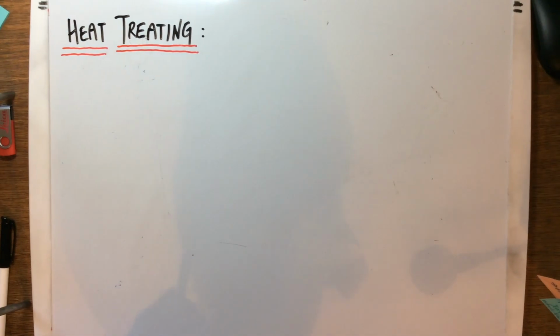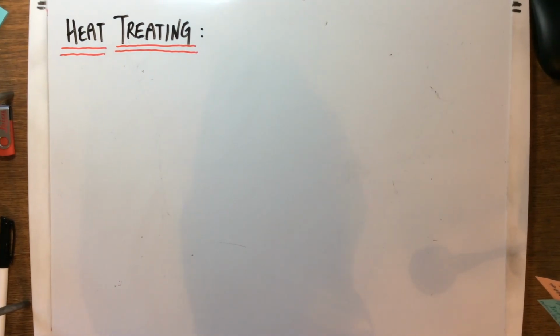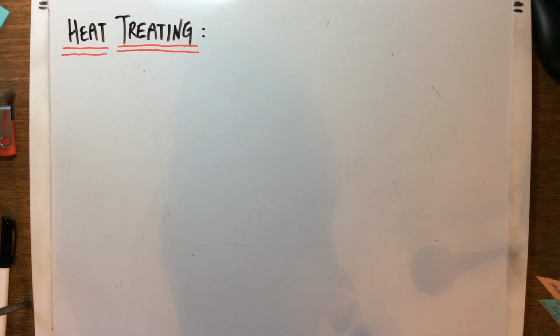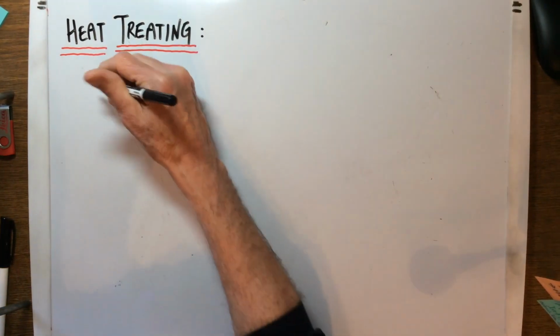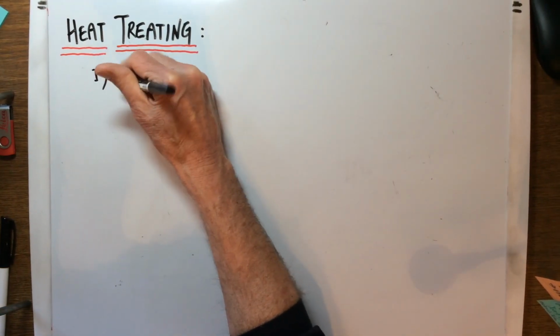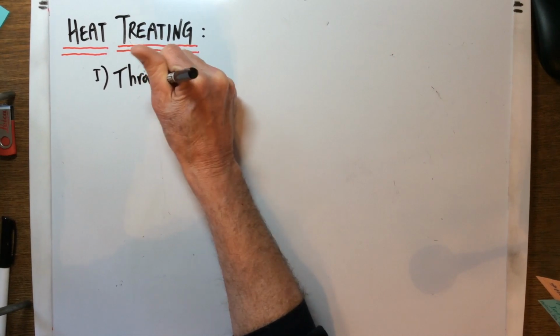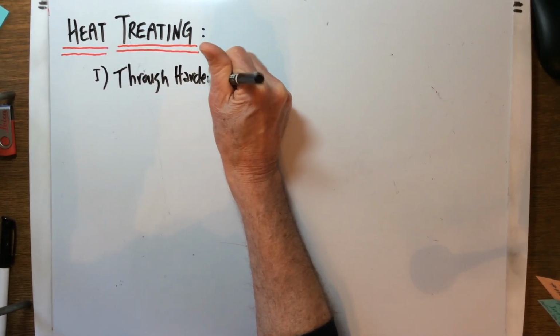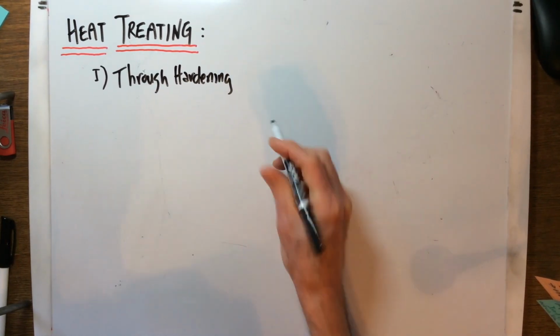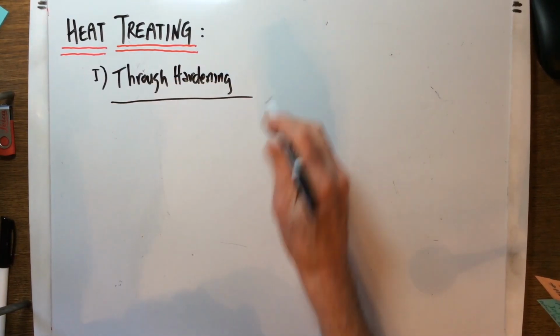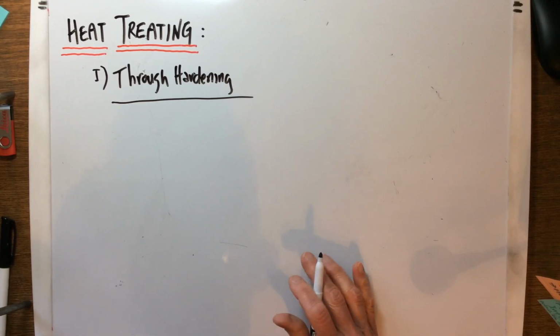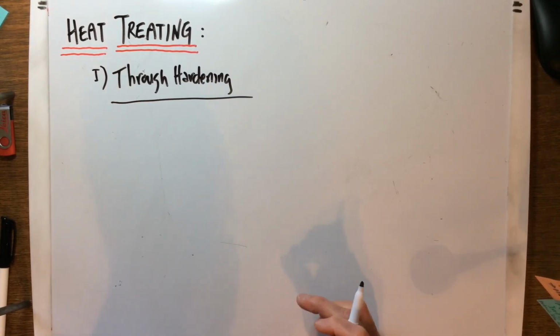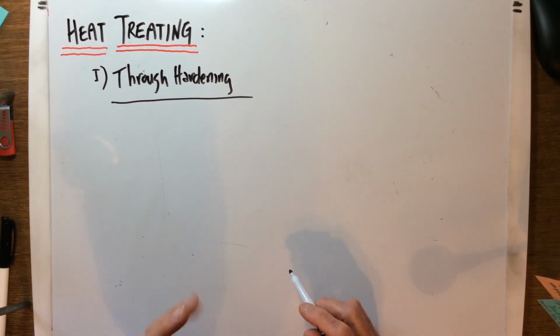Okay, so let's look at this through hardening right quick, this first type we talked about. Again, we're just trying to heat something all the way through and get it to a certain hardness.